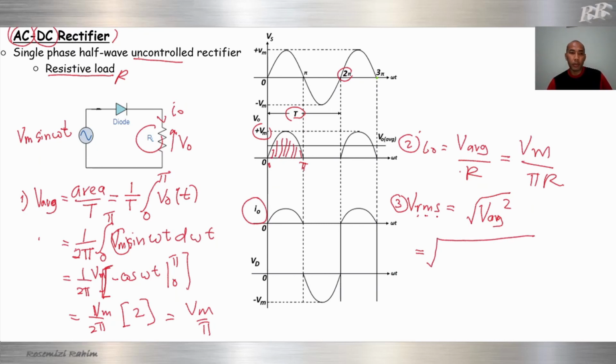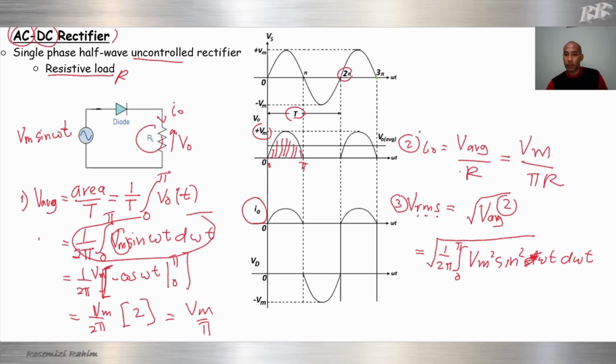So V average squared is equal to 1 over 2 pi, integral from 0 to pi, of Vm squared sine squared omega t, d omega t.